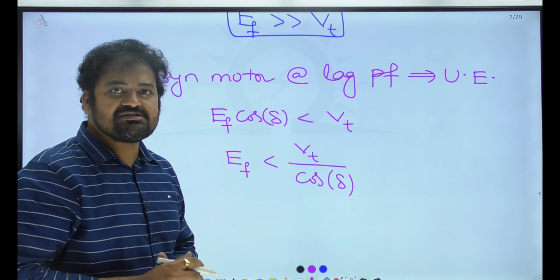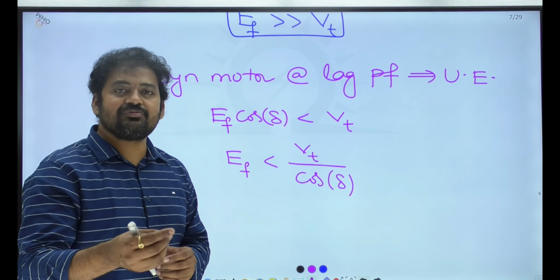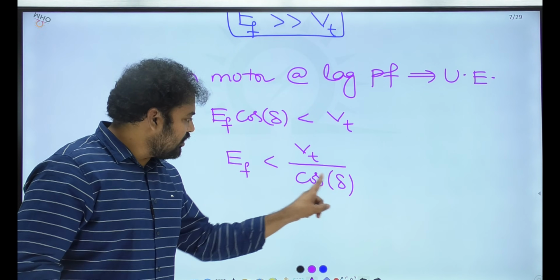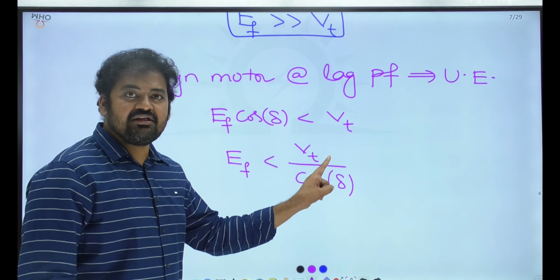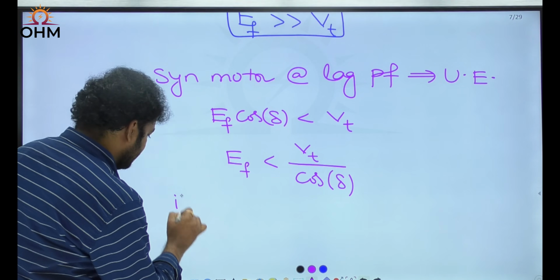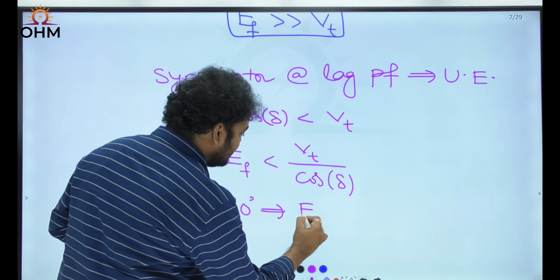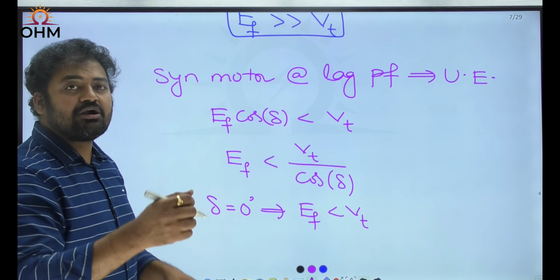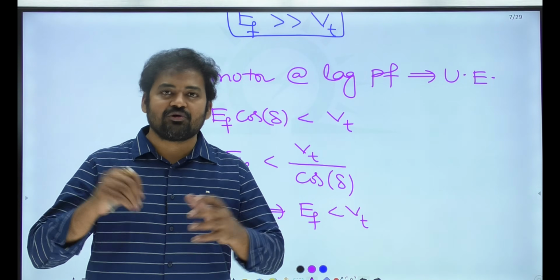Suppose delta is equal to 0 degrees, let's say no load condition. No load condition means load angle delta is 0. If delta is 0 degrees, what is cos 0? 1. Then EF is less than Vt. That is true. If delta is equal to 0 degrees, definitely EF is less than Vt. But what if delta is not equal to 0? That means the motor is connected to some load.